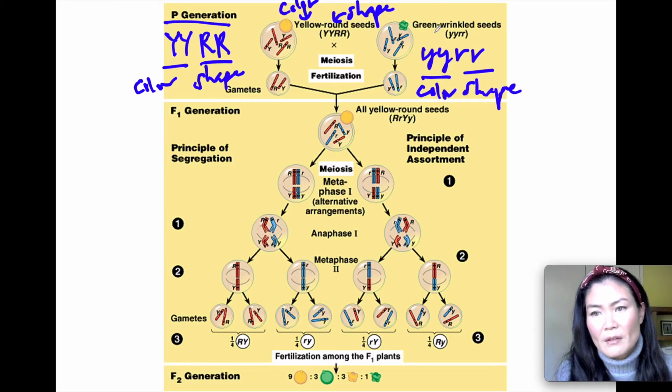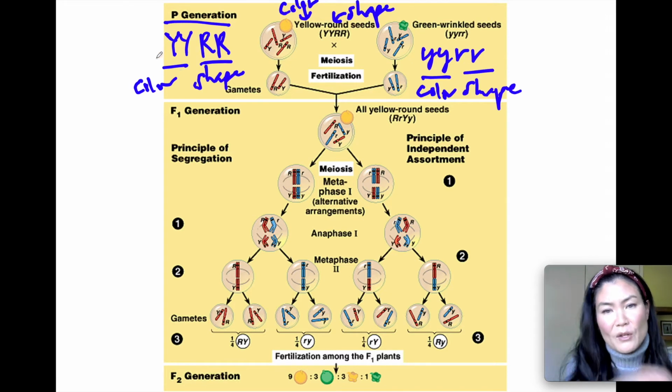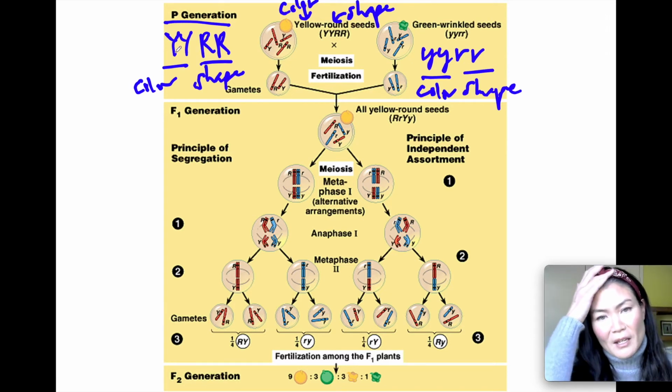When he cross-pollinated them, I should say that the big Y, big R individual can really only make one kind of gamete, because it can only make a gamete with a big Y and a big R. It's like flipping a coin where you have Y's on both sides.